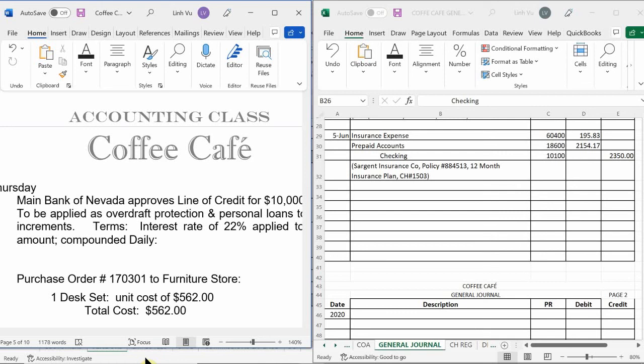Okay, so let's go through the GAAP again. Is it the business or economic entity principle? Yes. Why? Is this a distinction between a business and a personal transaction?